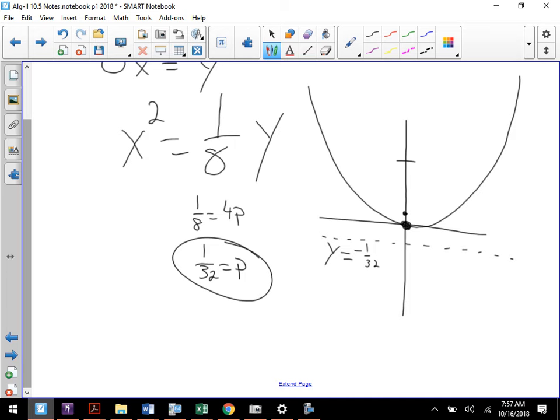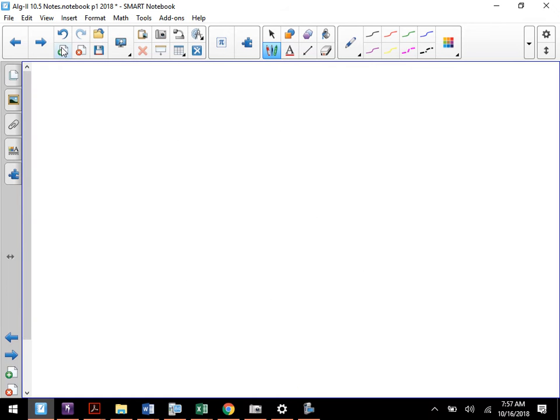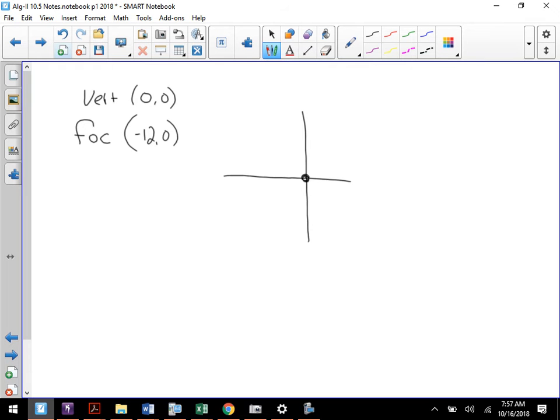Write the standard form of the equation of a parabola with a given focus and vertex at 0, 0. So if I look down now at number 11, I have a vertex at 0, 0, and a focus at -12, 0. In order for us to figure this out, we've got to know which way it's opening. Which way is this opening?